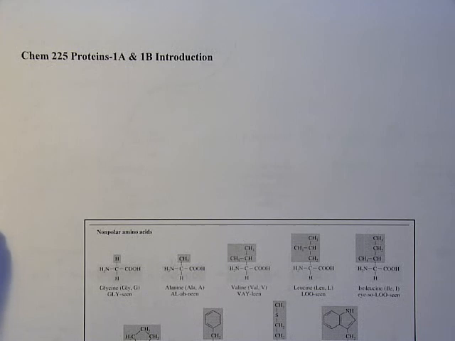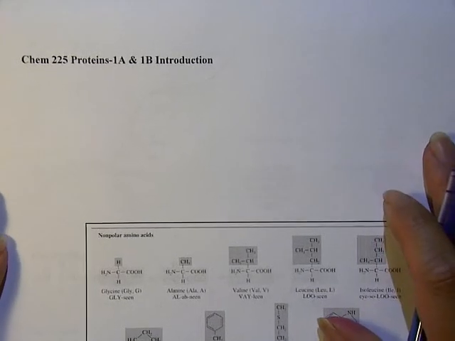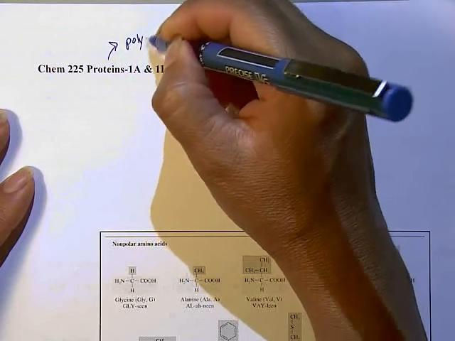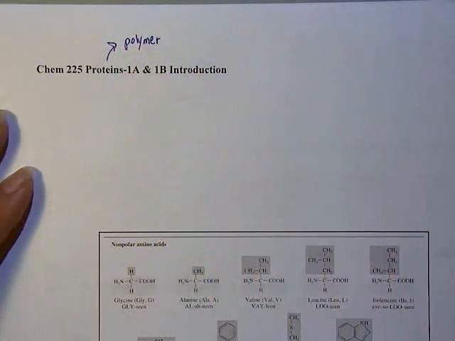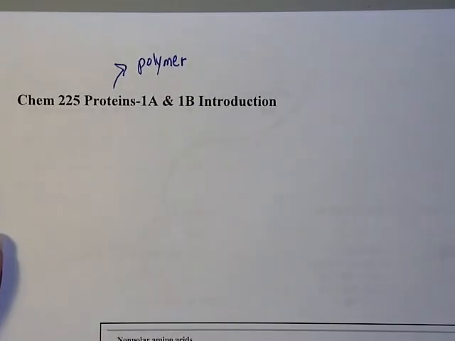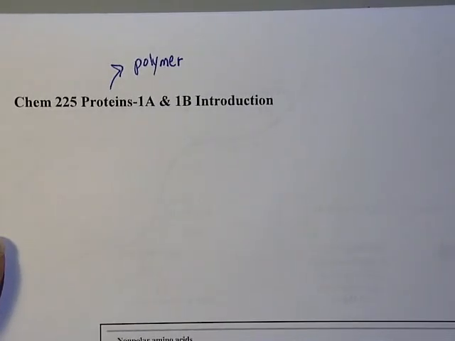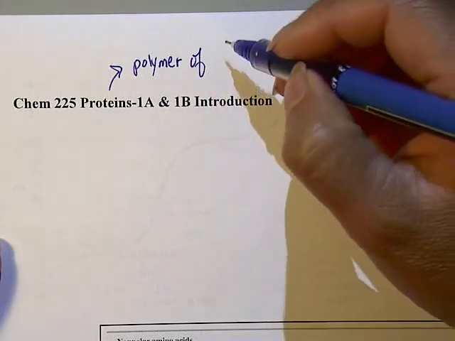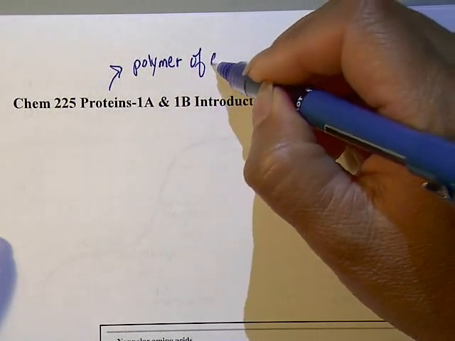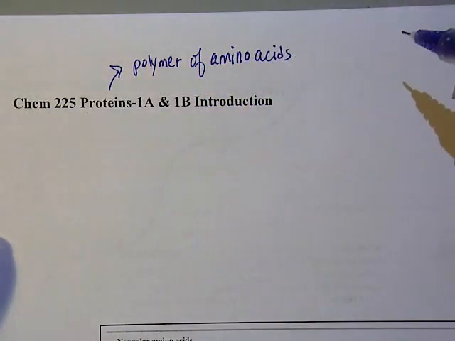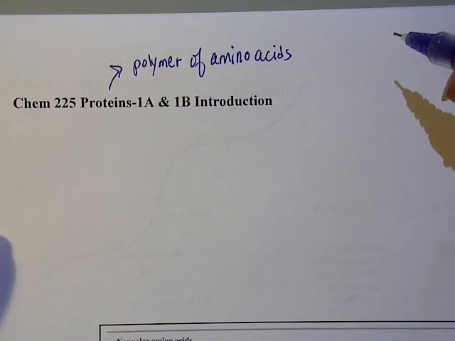So what are proteins? Proteins are basically polymers, right? And polymer means that it's made up of monomers, and monomers in protein are amino acids. So it's a natural polymer, not man-made.